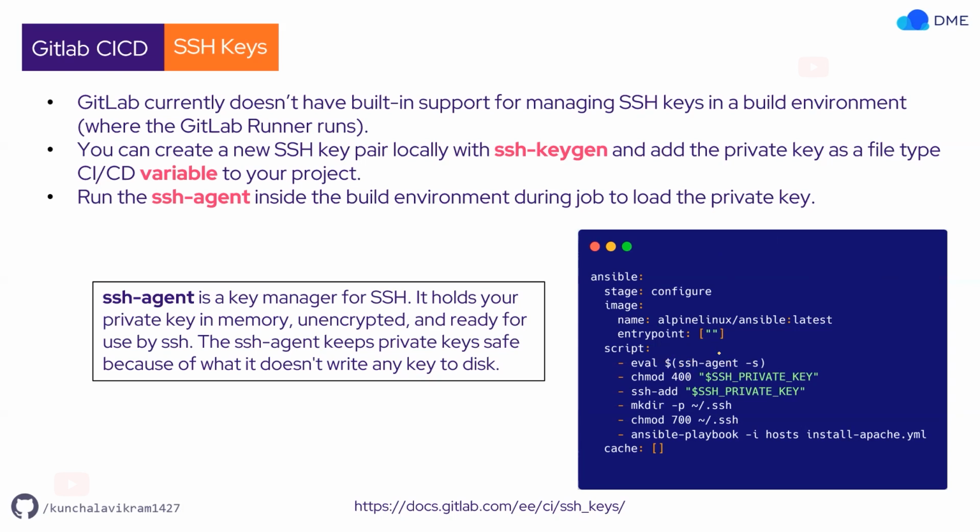What we have to do first is start our SSH agent, and then load our SSH key file. Before that, we need to change the permission so that only the owner of the file has access to this SSH private key file. Then we set some permissions on the .ssh folder, and then your Ansible playbook will execute properly. Otherwise, it won't work.